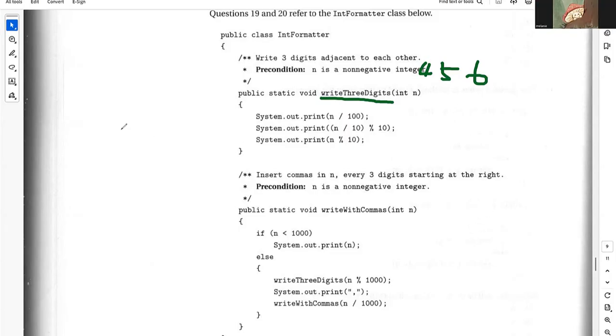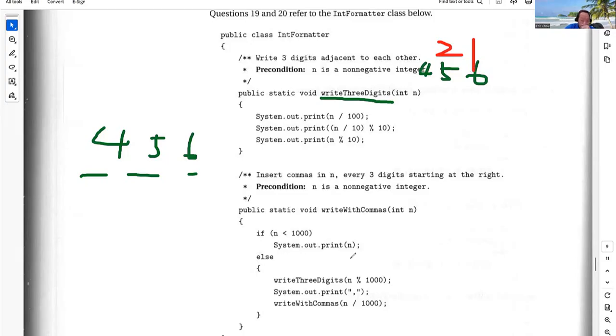It'll print 4, and then 5, and then 6. So it prints 3-digit by itself. What about if you get 21? It prints 0, 2, 1. Or if you just get 7, you actually print 007. So this one basically just prints every 3-digit.